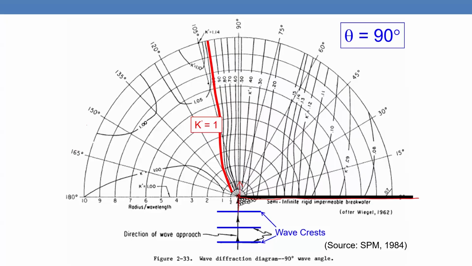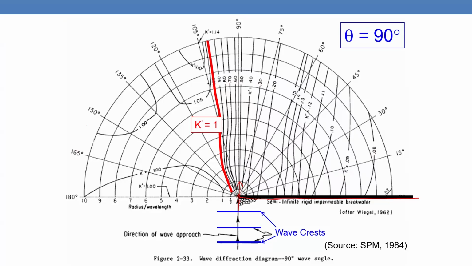This diagram is only used for 90 degrees. Along this red line, that's K equal to 1. Then you have all those different lines, 0.9, 0.8, 0.7, and so on, down to 0.08. So at different locations, you are able to get different values for K.